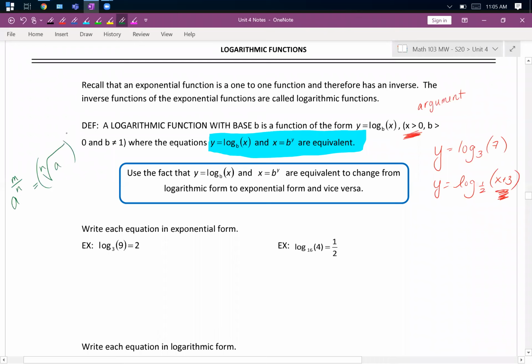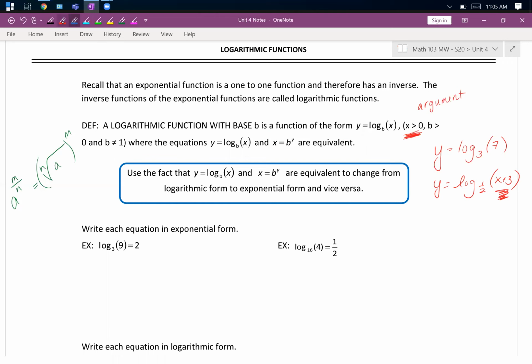That a to the m over n power can be rewritten as the nth root of a raised to the m. Well, that's the same thing that's happening here, where it says that these two are equivalent. The reason we can't just say equals is because they both have an equal sign in them. So I feel like they're writing them kind of awkwardly. y equals log base b of x can be rewritten in exponential form, and that exponential form looks like x equals b to the y.